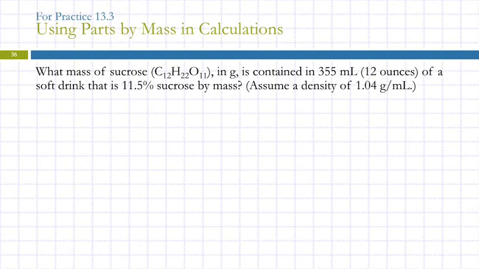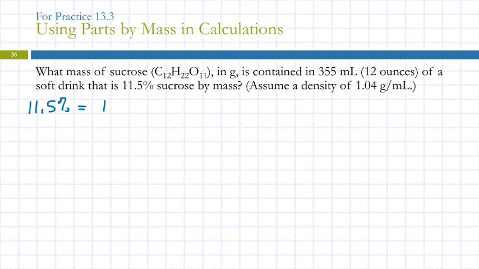So to do a problem like this, we need to understand what a percent by mass concentration means. So 11.5% sucrose. Percent means parts per 100 parts. And this is by mass.